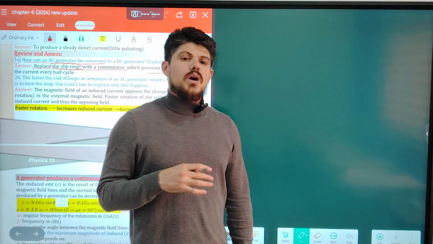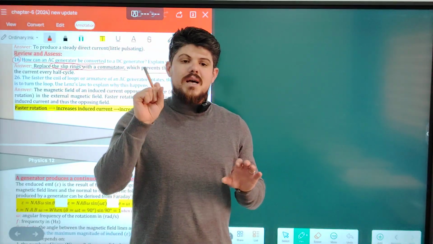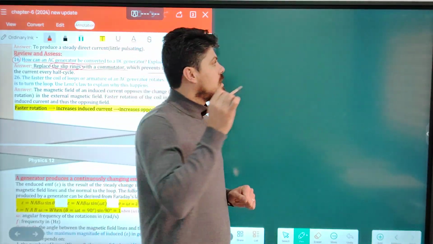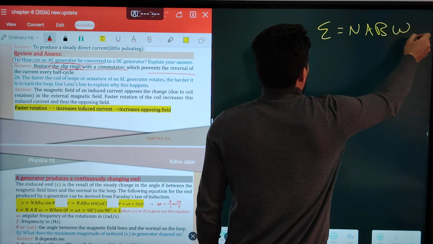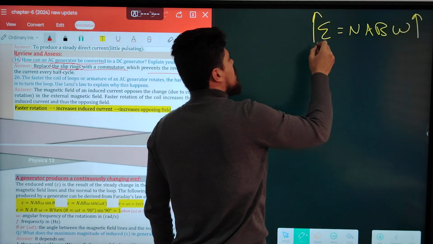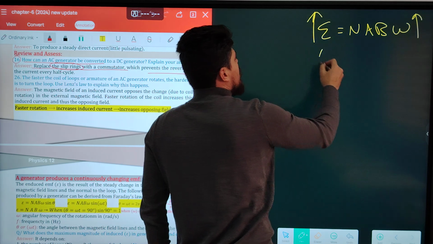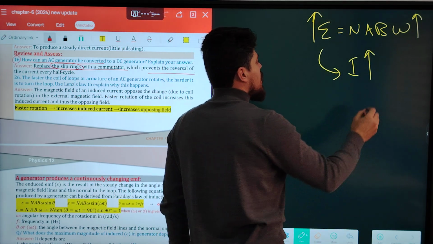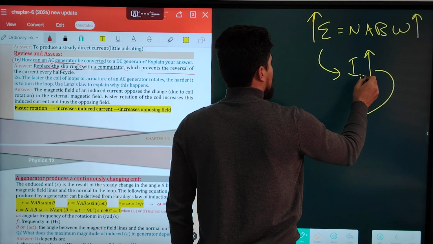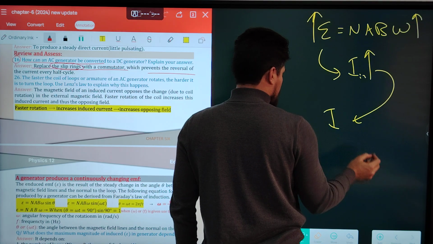What is the reason? According to Lenz's law, as the angular speed increases, what happens to the induced EMF? As omega increases, EMF also increases. When EMF increases, the current also increases. So this induced current induces what?